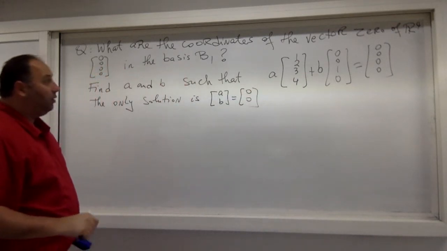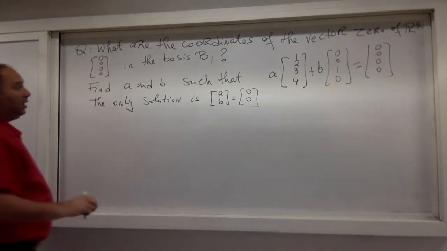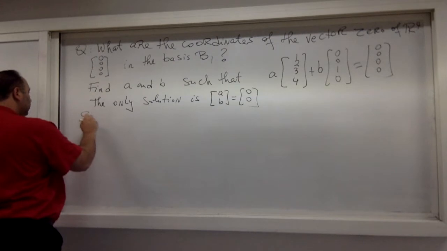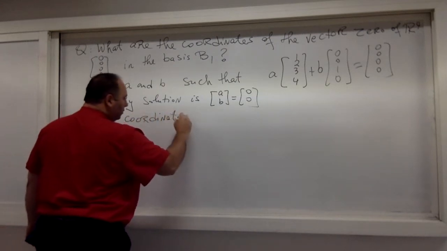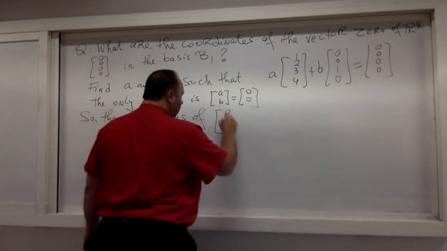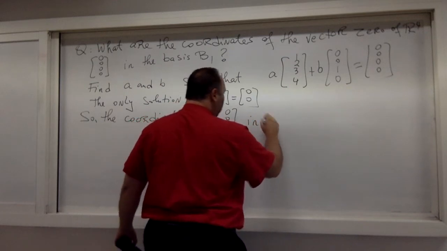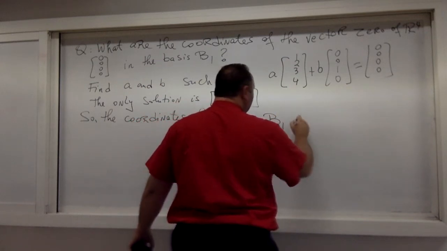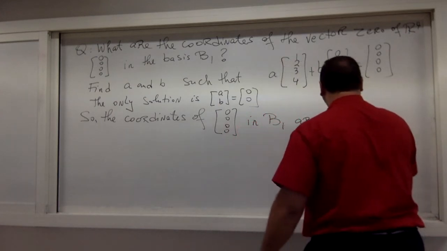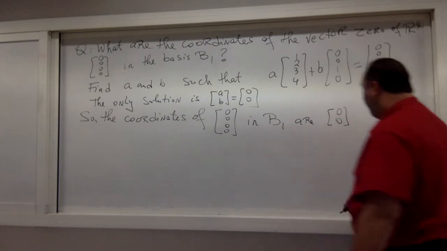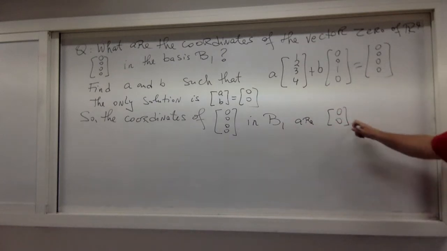So the coordinates of vector 0 from R4 in basis B1 are 0, 0. Big miracle, huh?